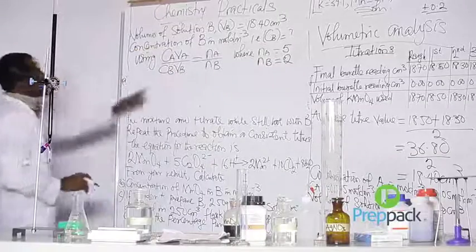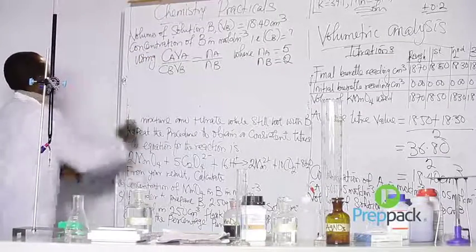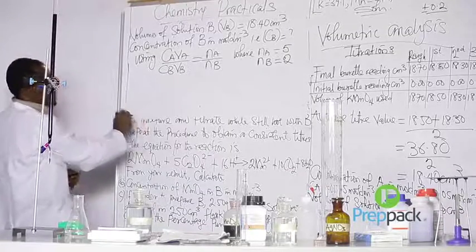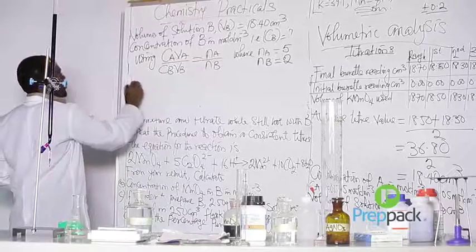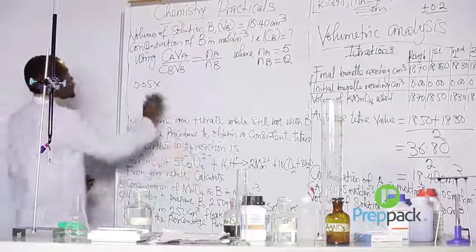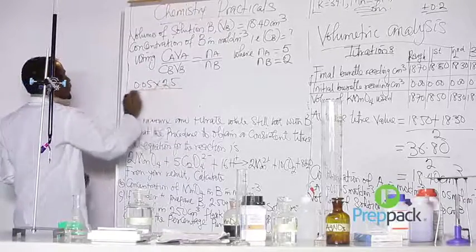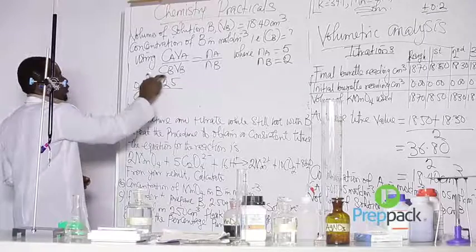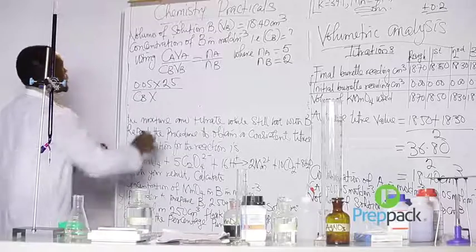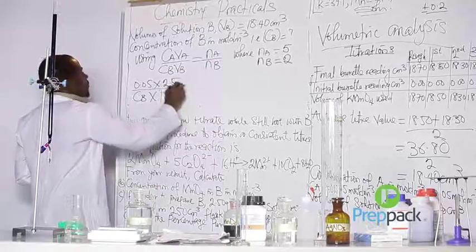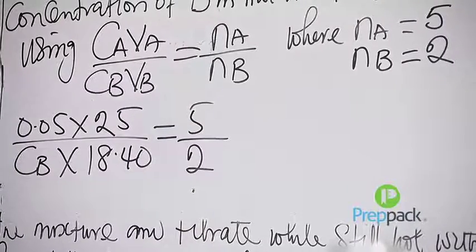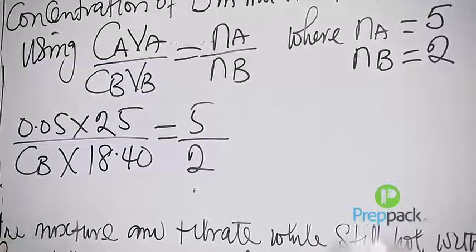So we'll fix everything into this. We've known all this. So from this, our Ca becomes 0.05 multiplied by Va. Va from the question is 25 over the Cb, which is what we are to determine, multiplied by Vb, which is 18.4, equal to Na over Nb, 5 over 2.